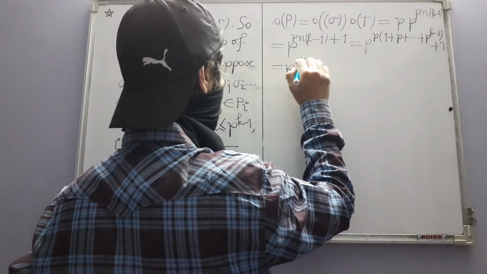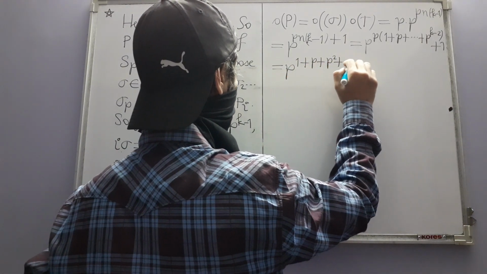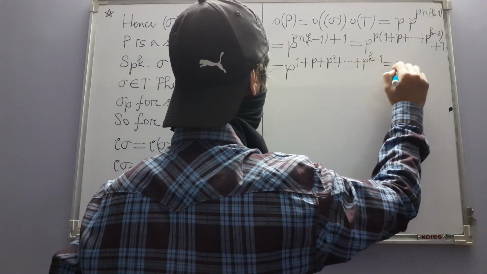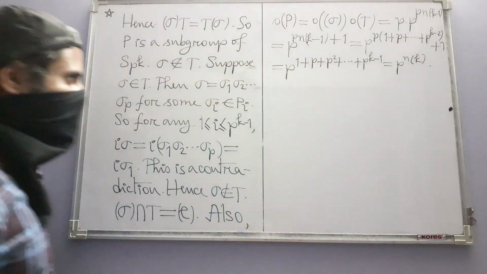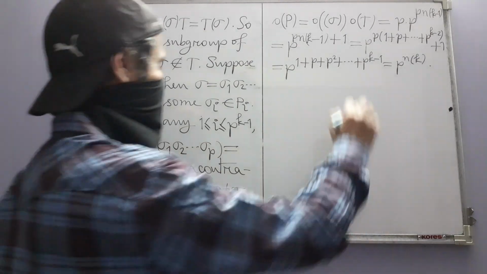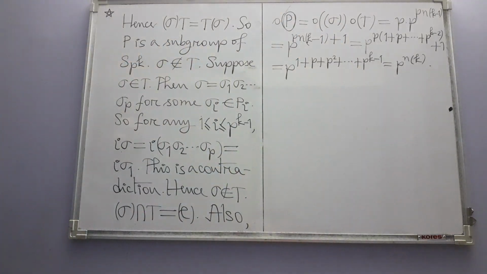So finally you have this. Which again by that previous lemma is this. So now we are finally done. P is our subgroup, P Sylow subgroup that we were seeking, and the proof is over.